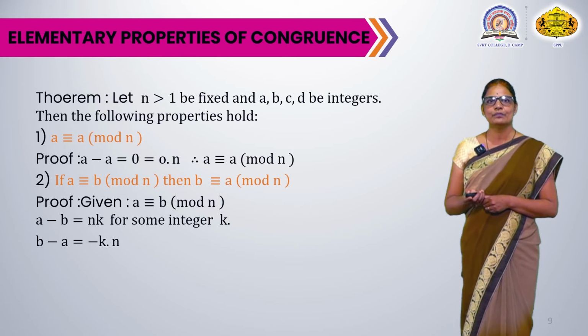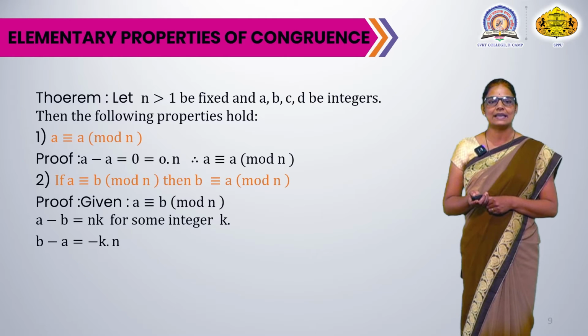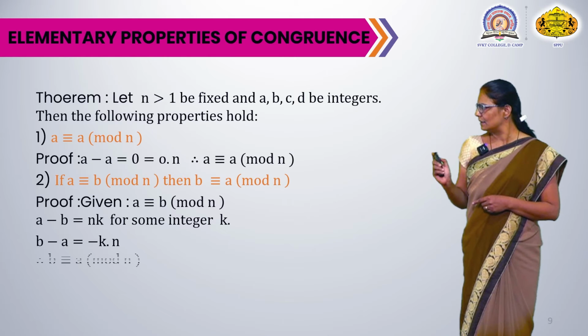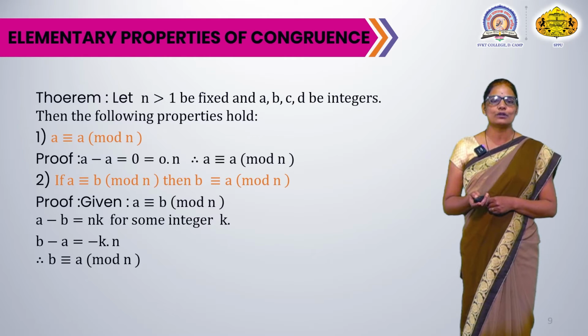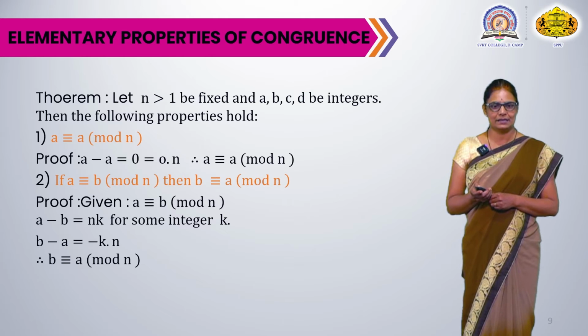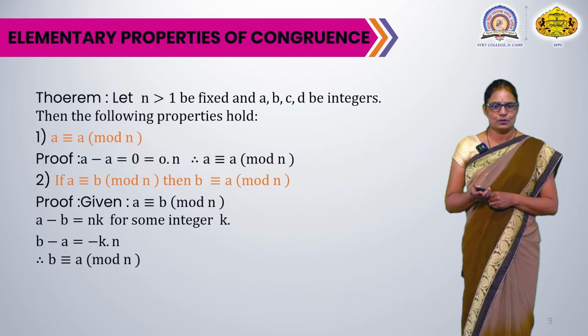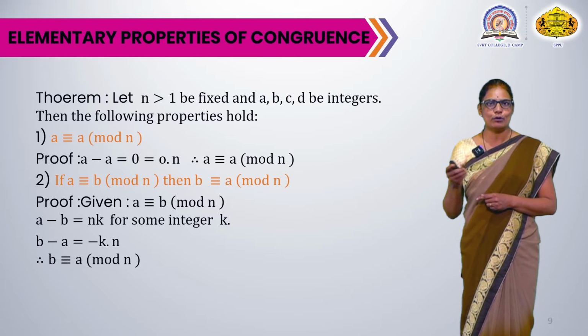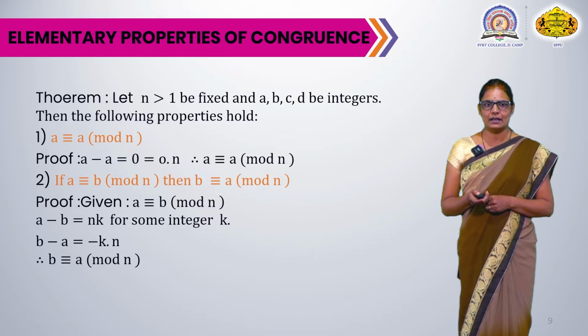So we get b minus a is equal to minus k times n, that is, b minus a is an integral multiple of n, and that's why b is congruent to a modulo n here.